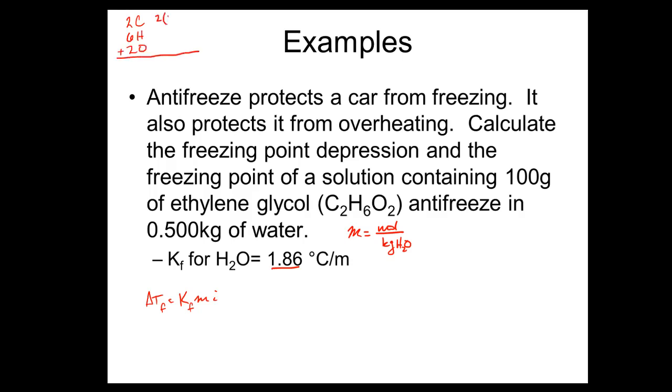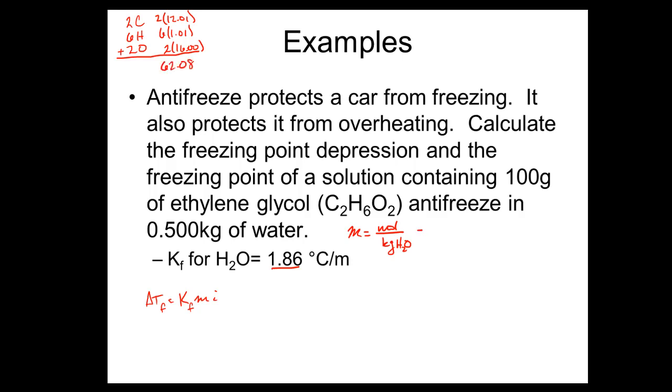So we got 2 times 12.01, we got 6 times 1.01, and we have 2 times 16. 2 times 12.01 plus 6.06 plus 32. So I got 62.08.